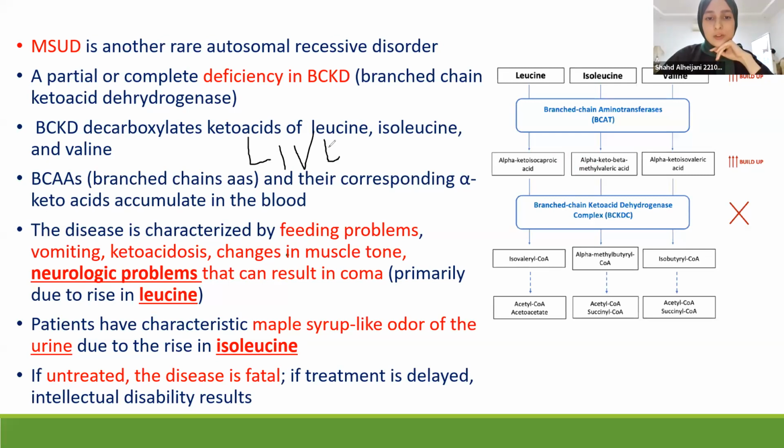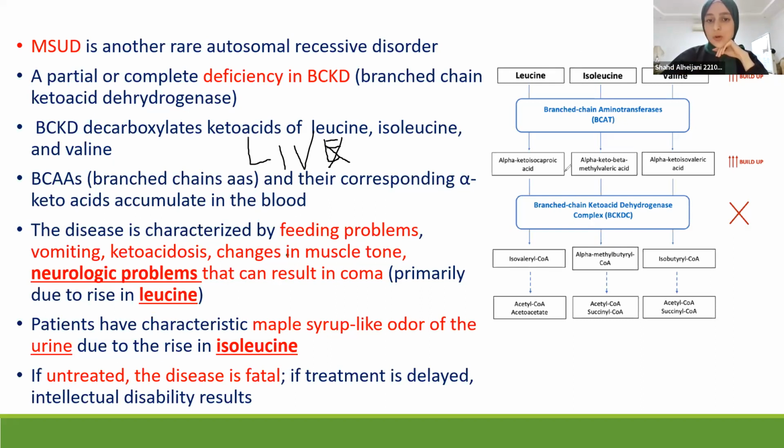But we don't have an E, so we can ignore the last E. So we have a maple tree. Tree has branches, branched chain keto acid dehydrogenase, and tree is alive, live. So imagine LIV: leucine, isoleucine, and valine. These are the amino acids involved in this pathway.